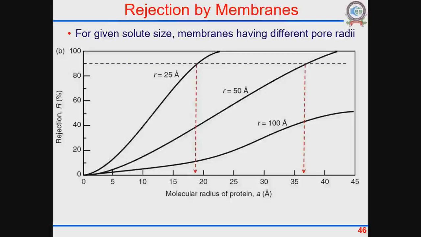So if I pass this particular solute through a 100 angstrom pore radius membrane, it will have a very small rejection because the membrane size is big. It is allowing the entire solute or majority of the solute to go through. So using this as well, we can characterize the molecular weight cutoff for different sizes of membranes.